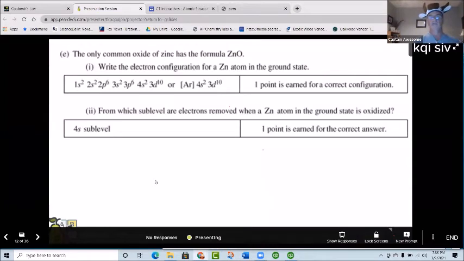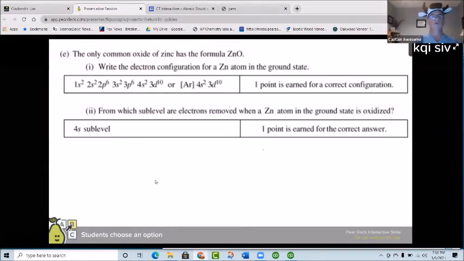So the electron configuration was either the one on the left or the noble gas configuration. So for those couple of you who did noble gas configuration, totally okay, right? You're showing good chemistry knowledge.